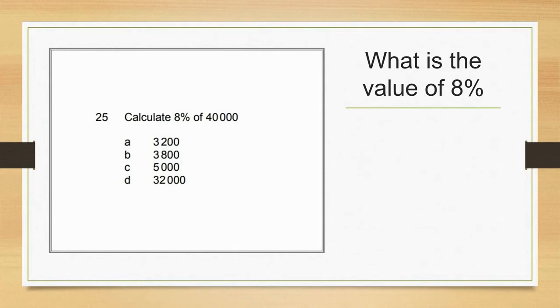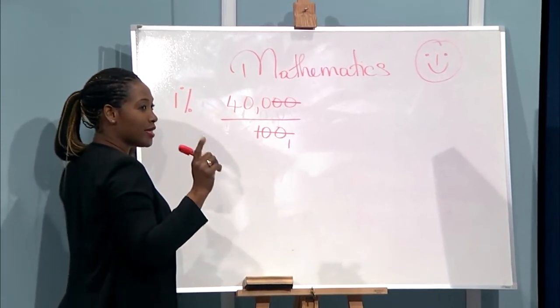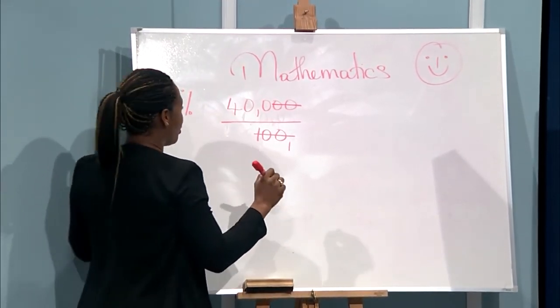In order to figure out what is 1%, we're going to divide the total amount by 100. 100 into 40,000 goes 400 times. So 1% of 40,000 is 400.